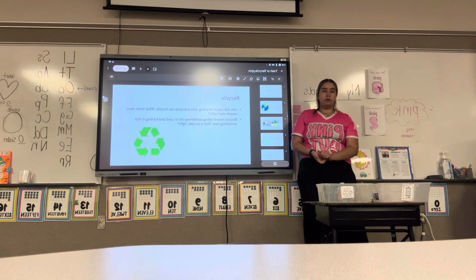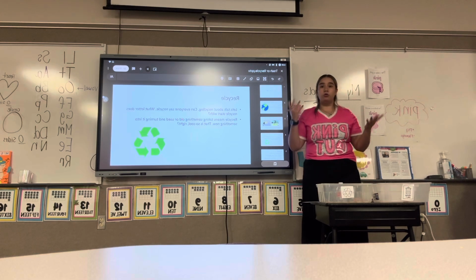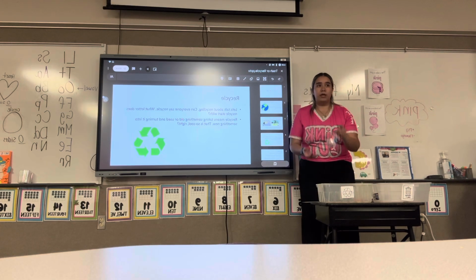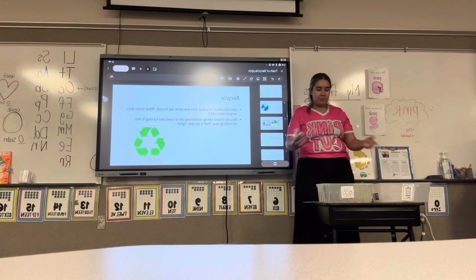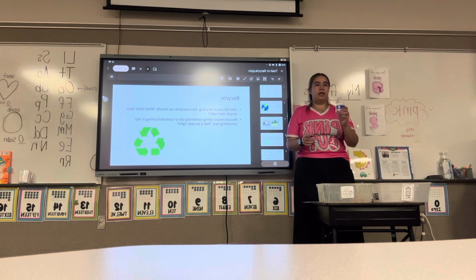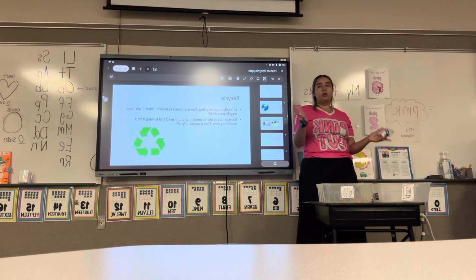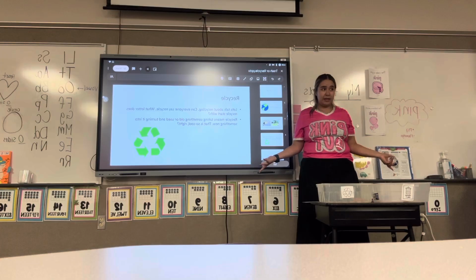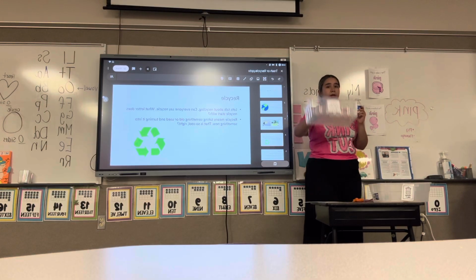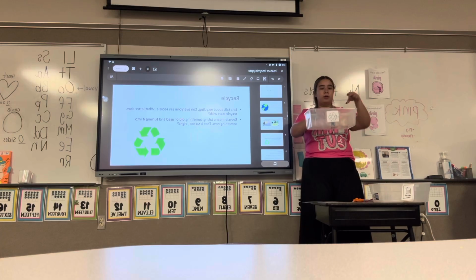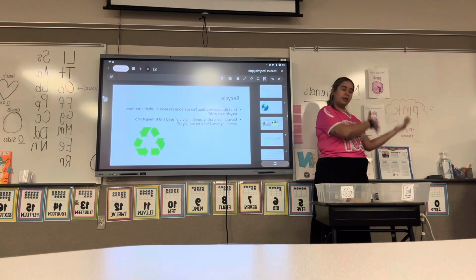Because water bottles, like the plastic, it's made out of plastic, it can be reused again. So they break it down and they make it all over again. That's so cool. Plastic can be reused again. So if you ever have a water bottle, you don't want to throw it away, okay? You don't want to waste it because you can use it again. So if you ever have a water bottle and you see a recycle bin, put it in the recycle bin so it can be used again. Something old or something used, can be new again.